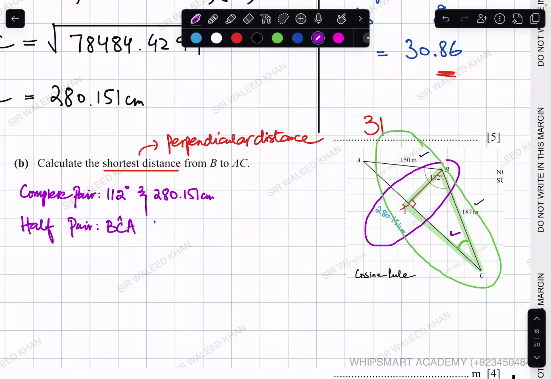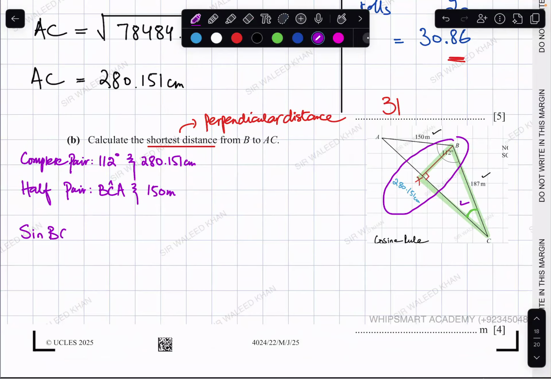Now if I find this angle, I can use the trigonometric ratios sine, cos, tan to figure out the height of it. So let's do that. BCA, sine rule apply: sine of BCA over 150 is equal to sine of 112 divided by 280.15.